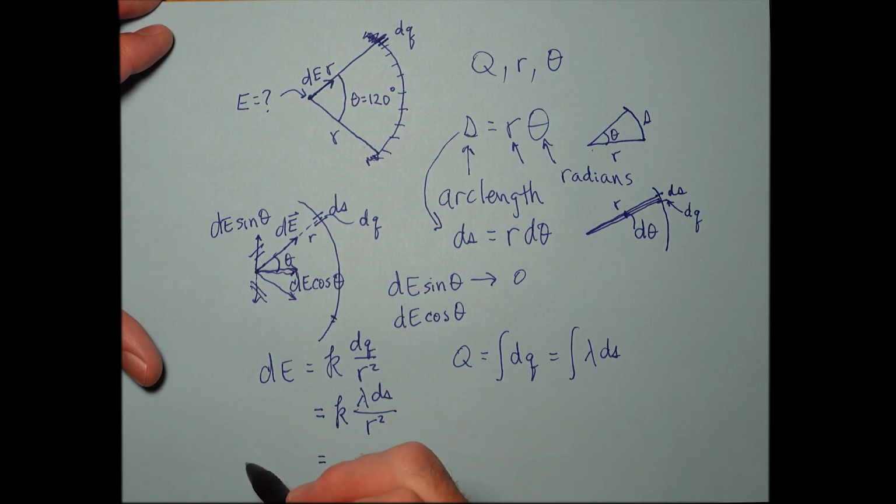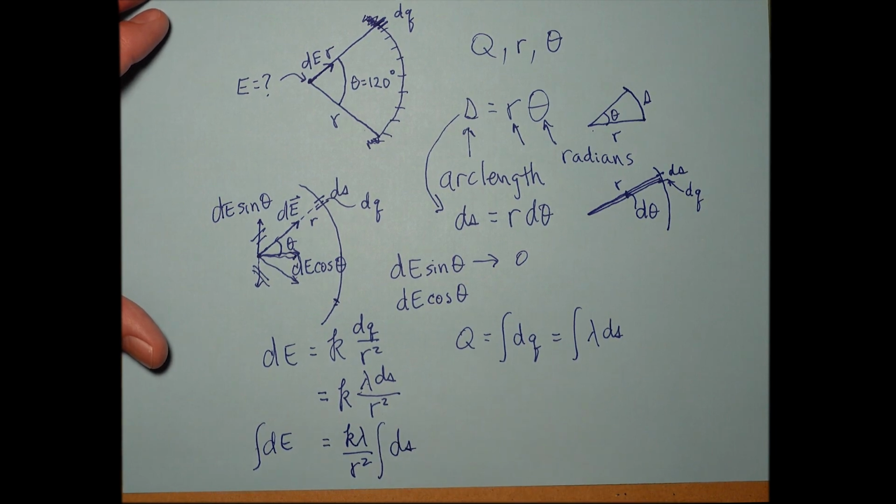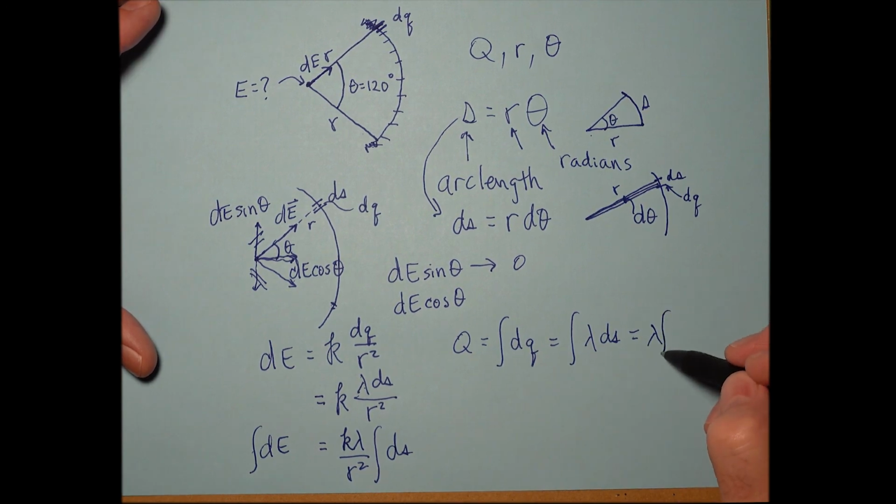So if I take dE, and I've not talked about the cosine component at all yet, so let's keep that in mind. We're going to have to plug that in. But if I integrate all of that, then I could factor out the k and the lambda and the r squared and just integrate over ds. So that's just the arc length. If I factor out lambda and integrate ds, this is just the total arc length of whatever that happens to be right there.